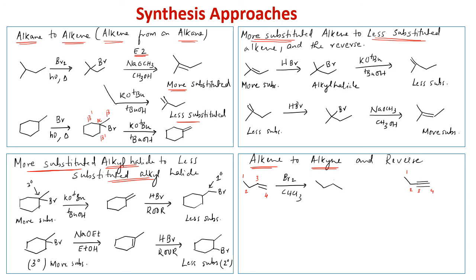When I do a halogenation on this alkene, I will get a vicinal dihalide. Okay, so I get a dihalide. And now that I have a dihalide, I can react it with a strong base. Now it's a very specific base, remember that. So sodium amide in excess. And if I quench this reaction with water, I would have made the alkyne.